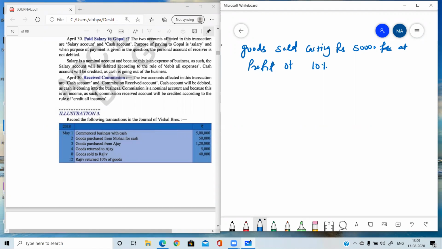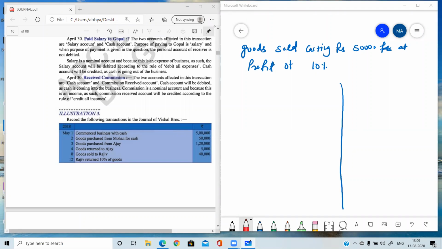So how many accounts are involved here? First of all, we have to analyze the transaction. Which two accounts are involved here? Please tell me. Yes, very good. I have not mentioned the name here.